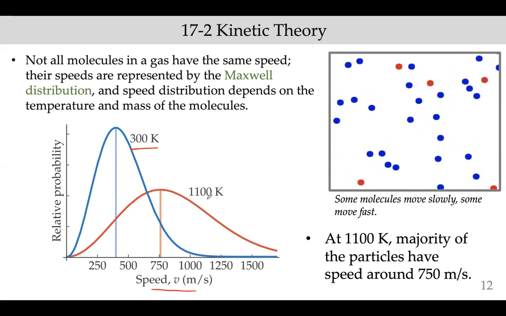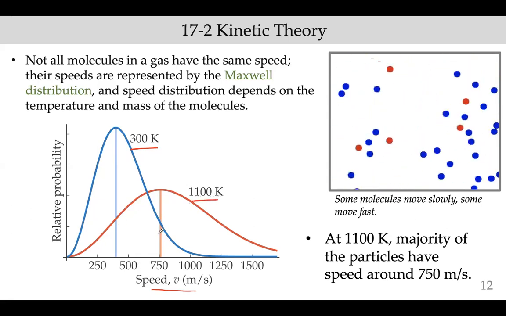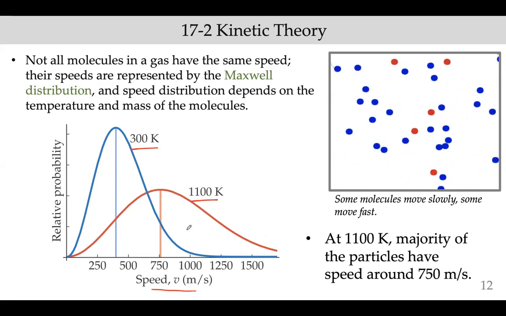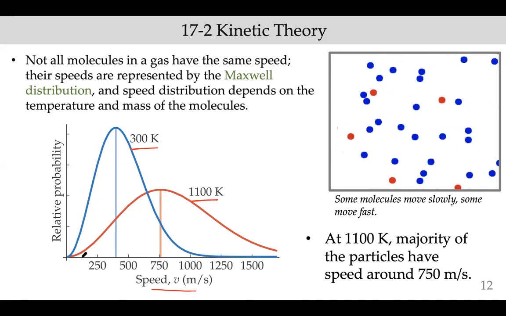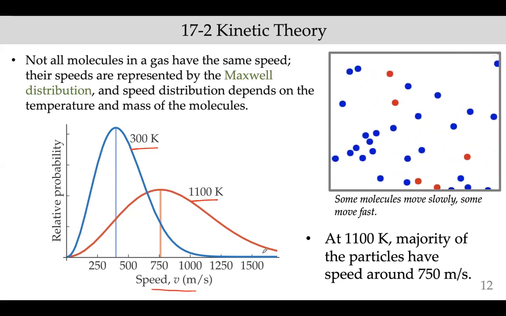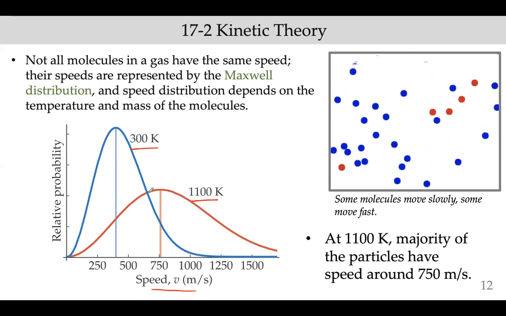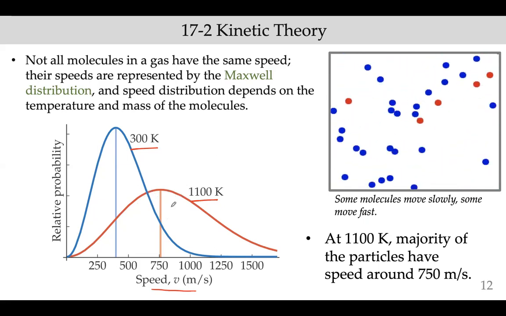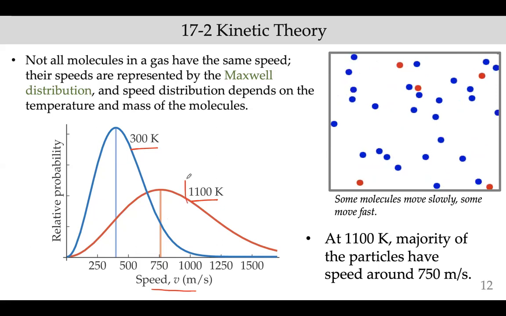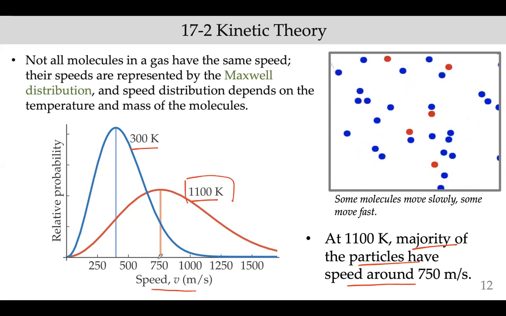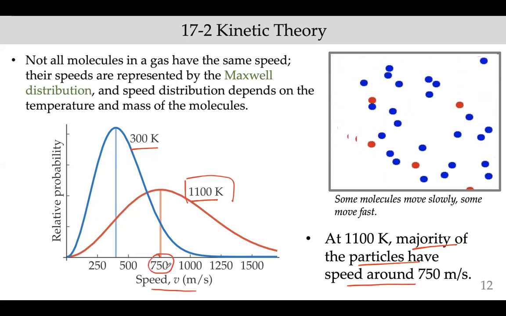But if you raise the temperature to 1100 K, then you can see that the distribution changes. In both cases, there are really slow particles and high-speed particles, but this average value or the maximum value moves. So for 1100 K, you can see that the majority of the particles have a speed around 750 meters per second.